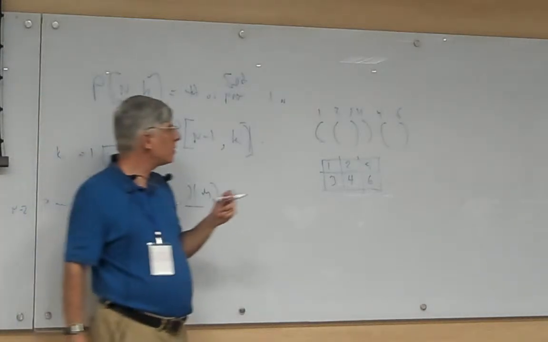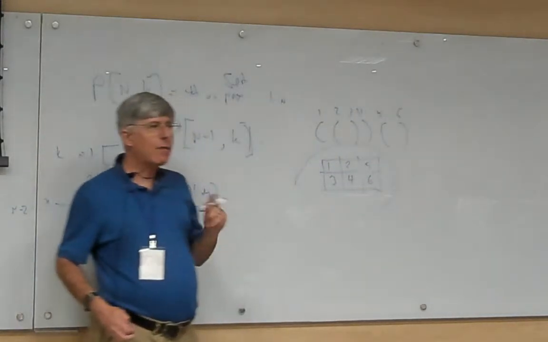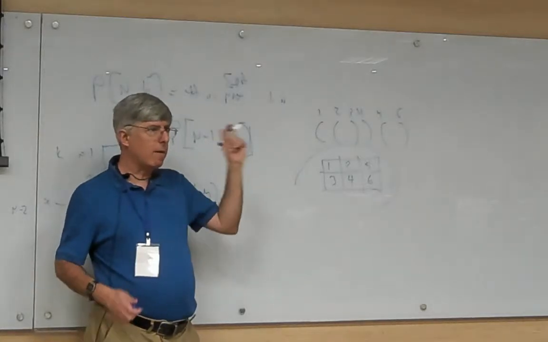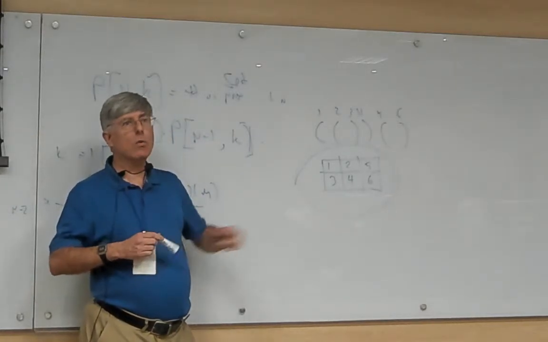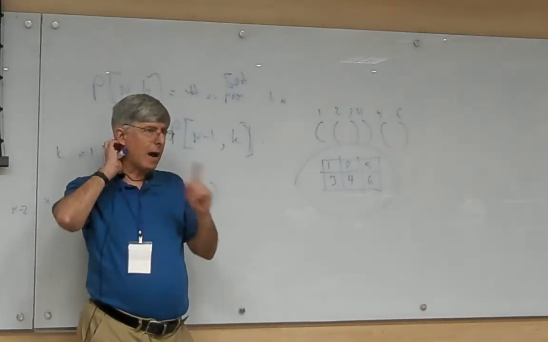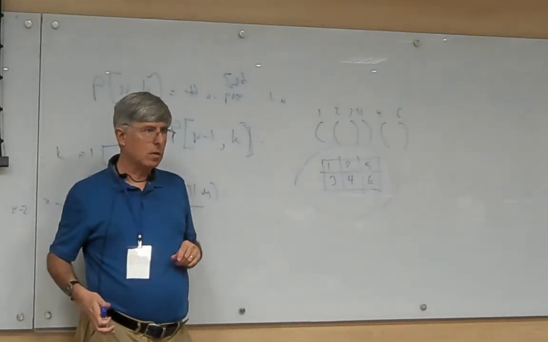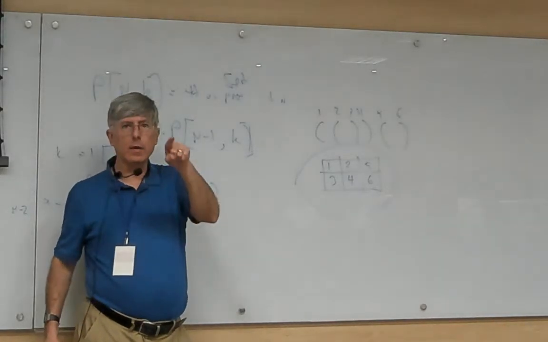Does everybody see that the number of tables here has to be the same as the number of parenthesizations? So if I knew how to count those tables, I would know how to count the number of parenthesizations. So hold that thought for a little bit, okay?